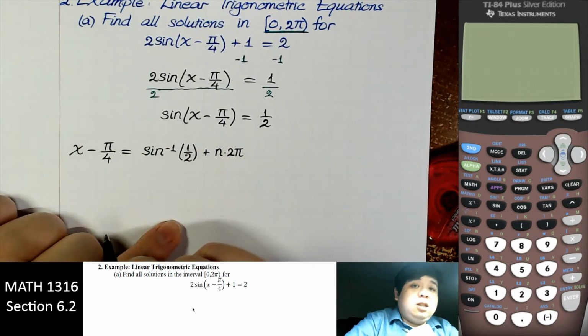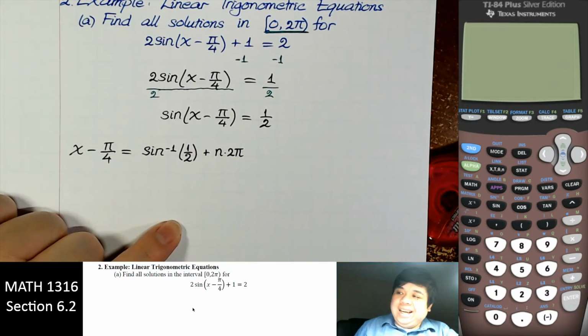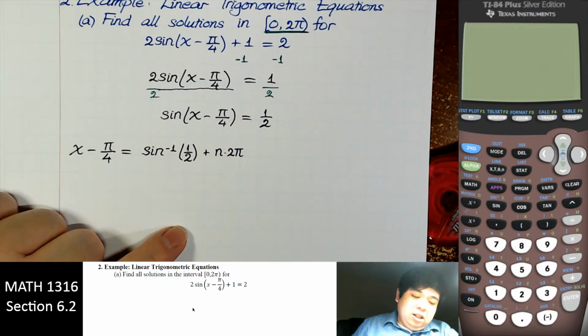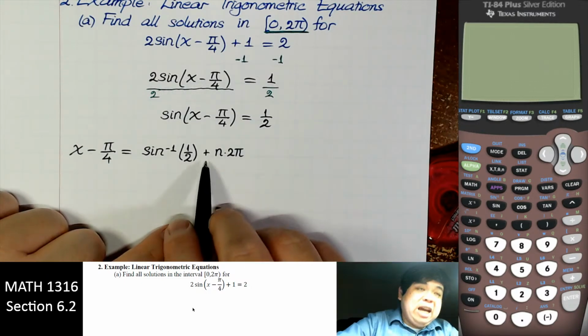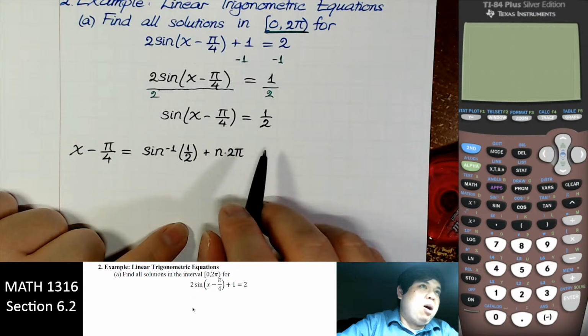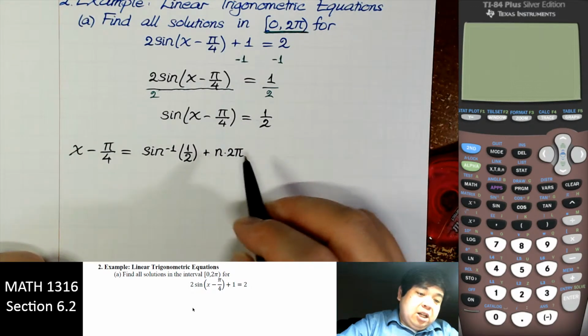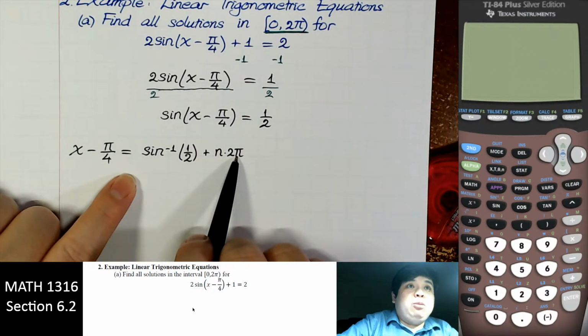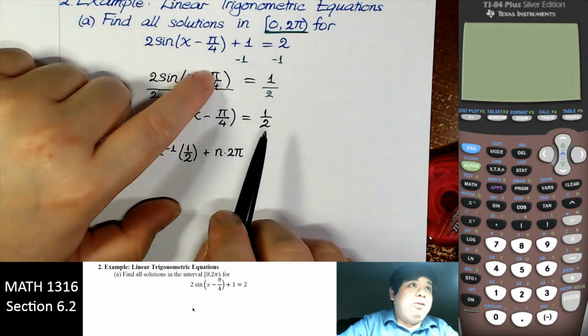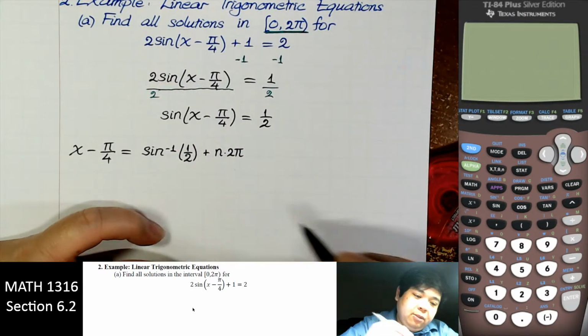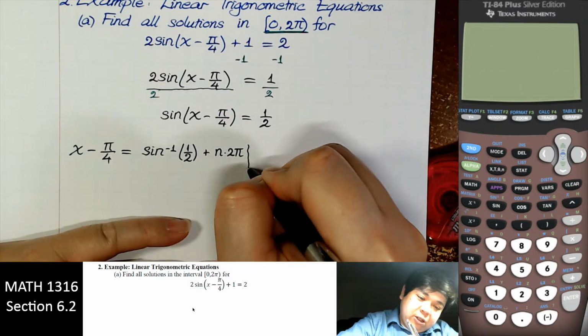We can use that or 2n pi, either way. We use this instead of 360 degrees because we have the pi over 4 here. So that is one solution.